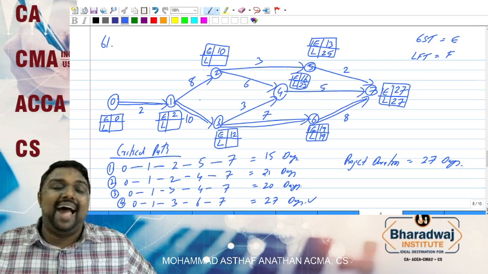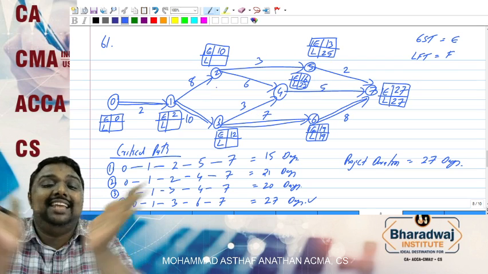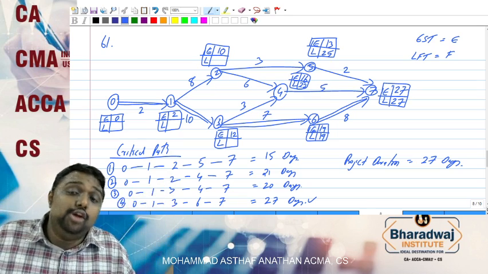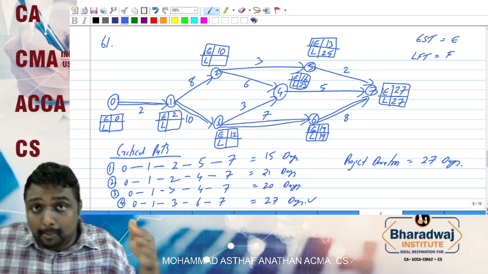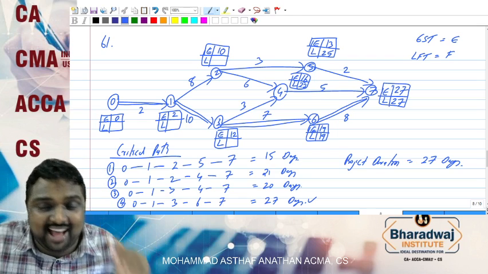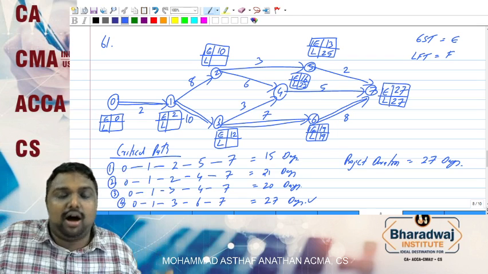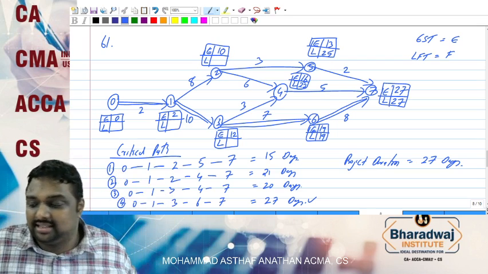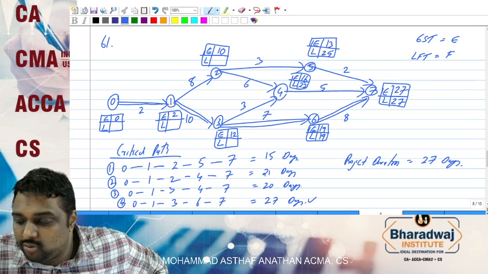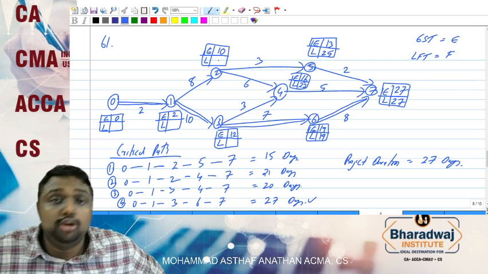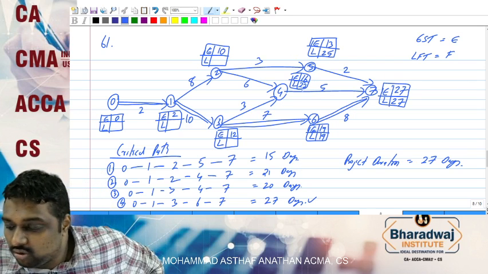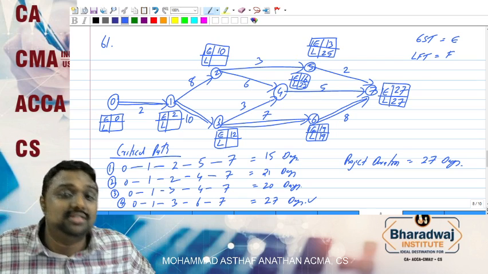Now when you go backward, the bursting point is relevant. When you go forward, the merging point is relevant. When you come backward, the bursting point is relevant. When you come back, 25 minus 3, you have 22. 22 minus 6, you have 16.